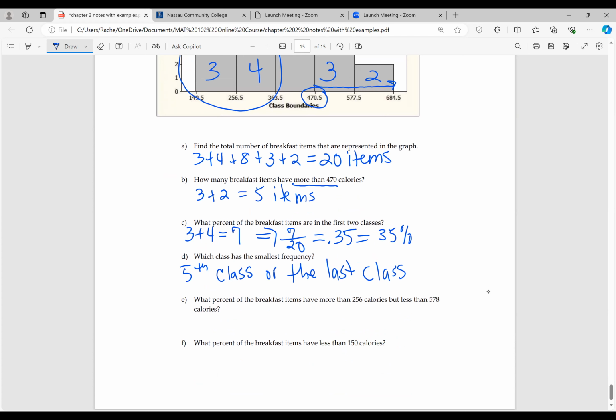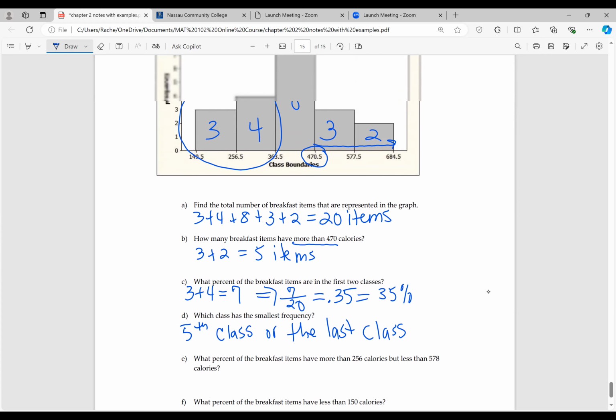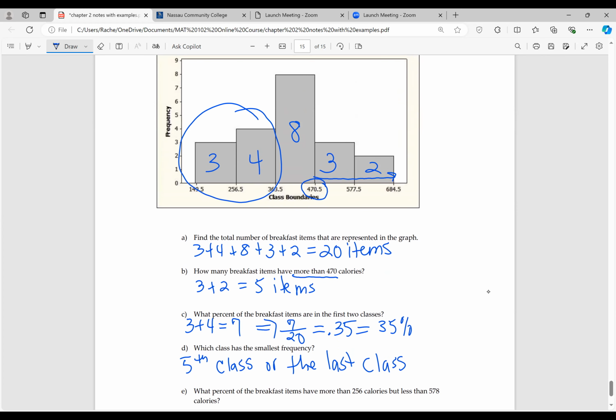The next part says, what percent of the breakfast items have more than 256 calories, but less than 578 calories? So in other words, it has to be between 256, because more than 256, but less than 578. So let's get rid of the writing from the previous question.